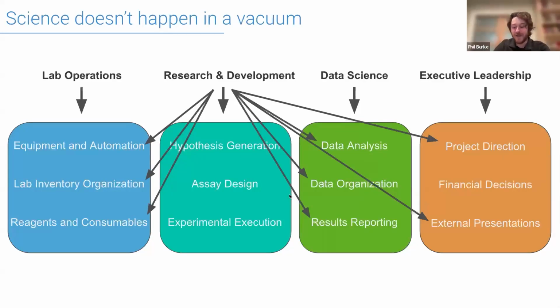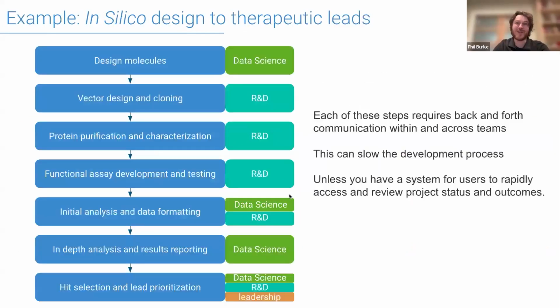And so a relatively simple example of a communications workflow is going from an in silico design, so, hey, we've designed this antibody, we think it's a good idea, to building therapeutic leads. This is the basic process through which you would do that, where your data science team or your computational design team comes up with some molecules and they want to test them.